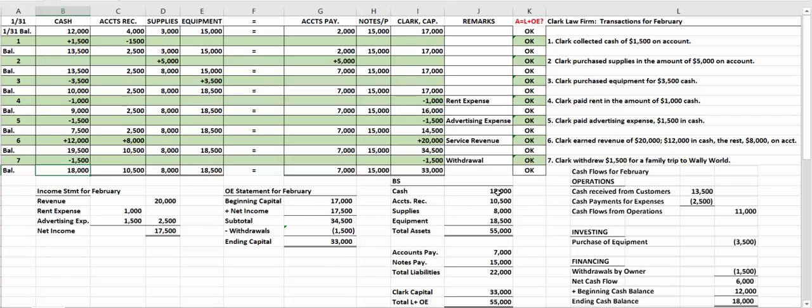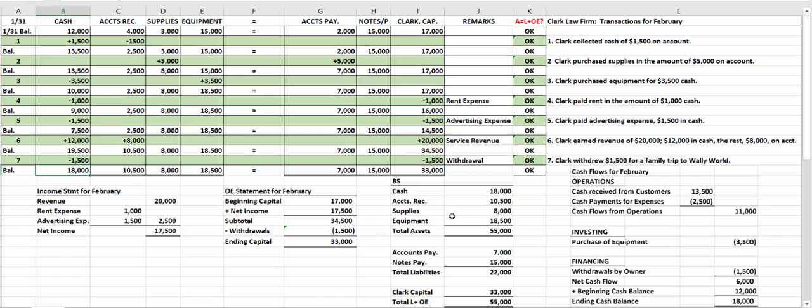The balance sheet is quite easy. You look at the bottom of the table and pick up your balances. These are the ending balances at the end of February. So cash ends at $18,000. Accounts receivable $10,500. Supplies $8,000, and $18,500 for the equipment. Total assets $55,000. Over on the right-hand side, again, the bottom figures for the balance sheet.